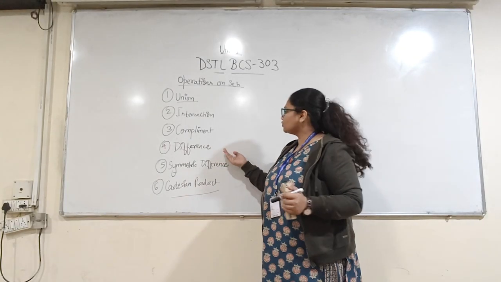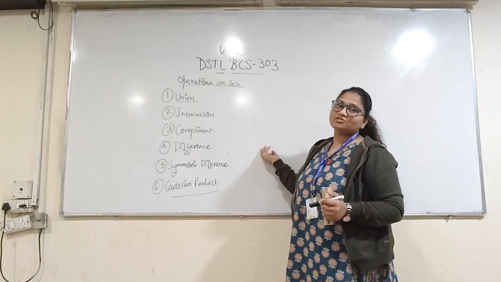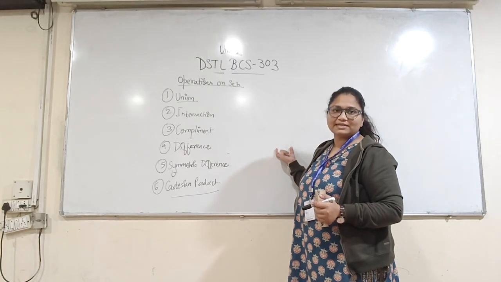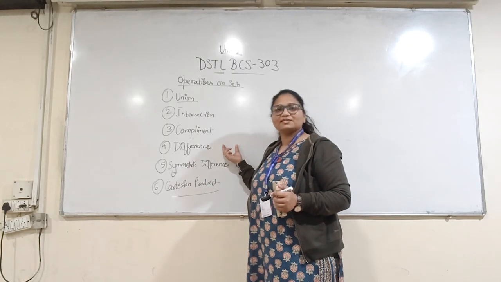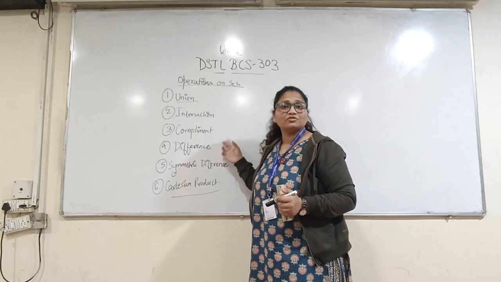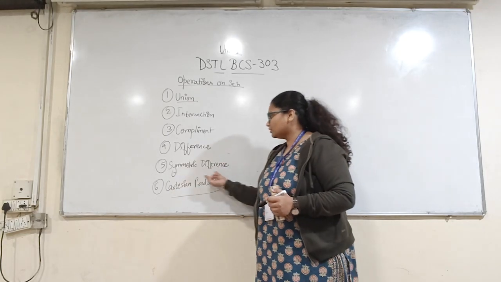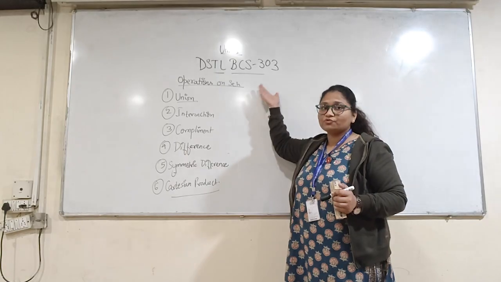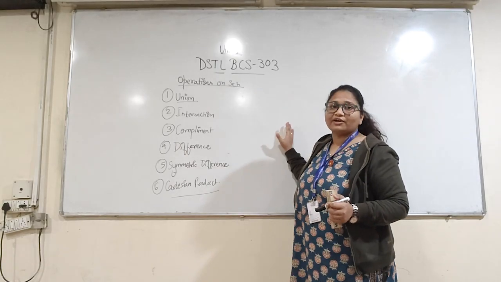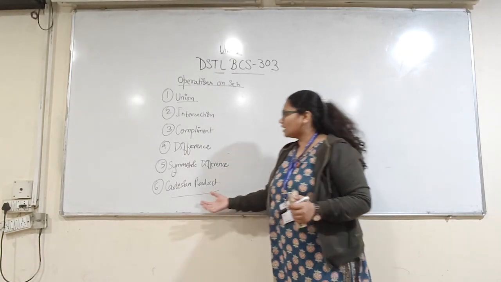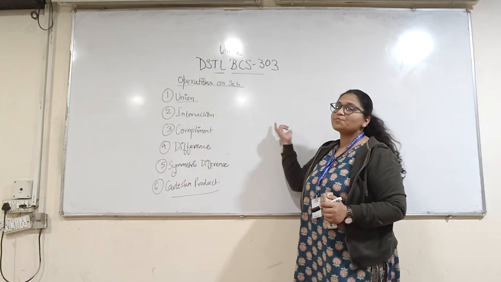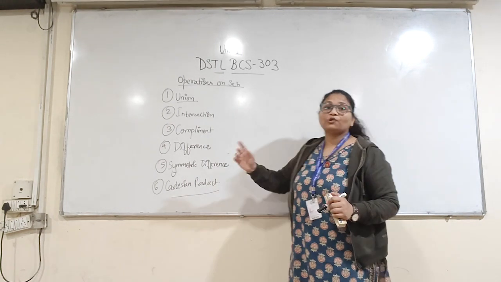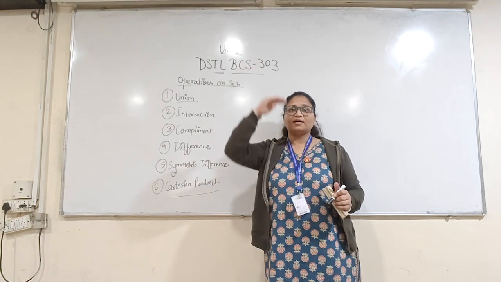Difference, in which you eradicate the elements of second set and write only the rest of the elements of that set. Symmetric difference. From both the sets, you find the common elements, you remove them, and find union of rest of the elements. Cartesian product, you make ordered pairs by doing one-to-one mapping of first set and the second set.